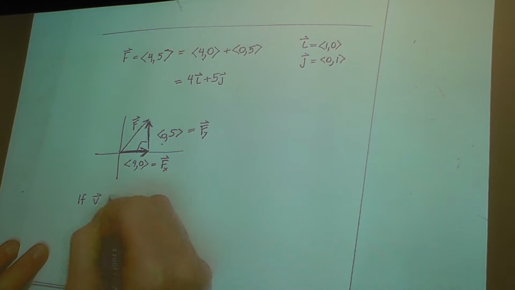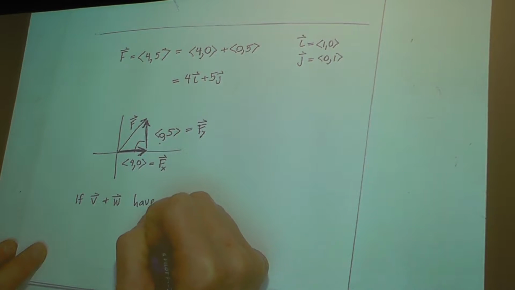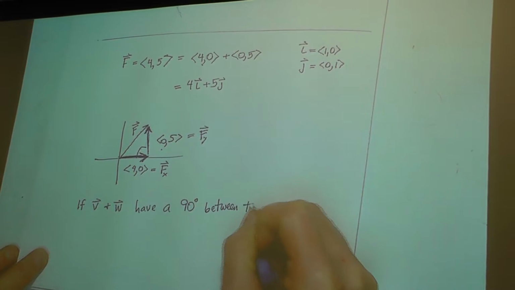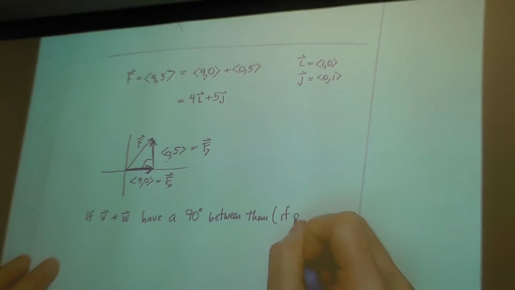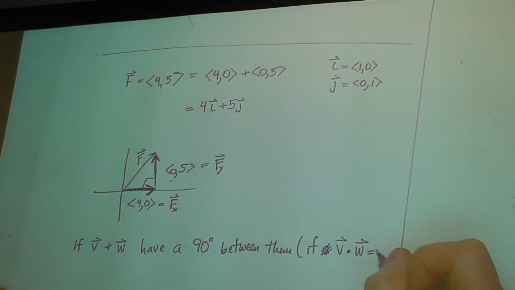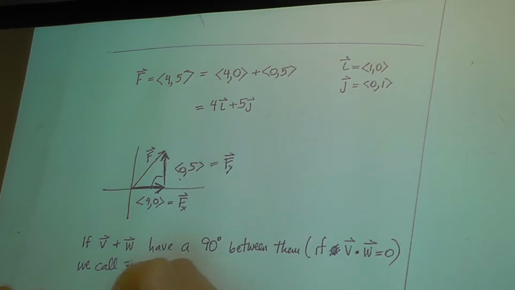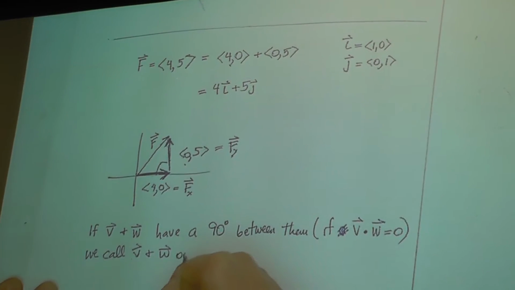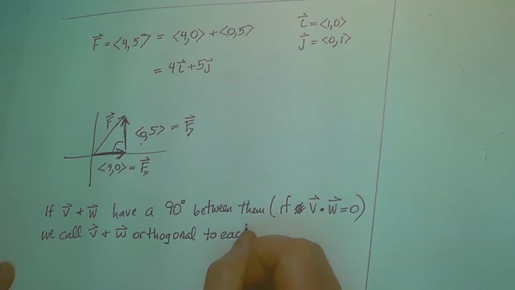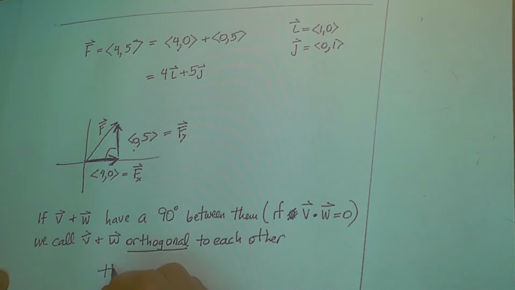If V and W have a 90-degree angle between them, in other words, if V dotted with W is 0, we call V and W orthogonal to each other. Think perpendicular.